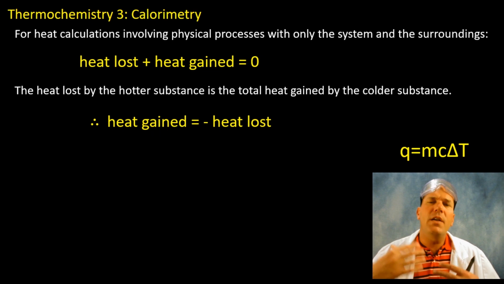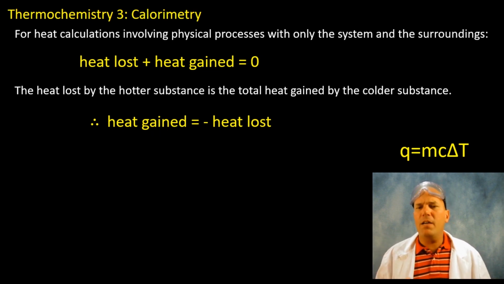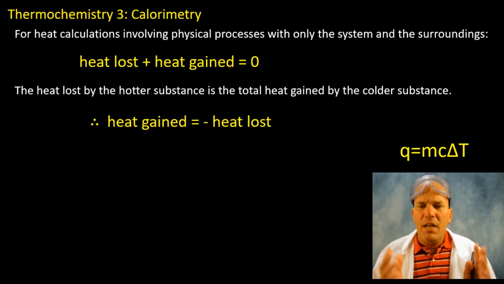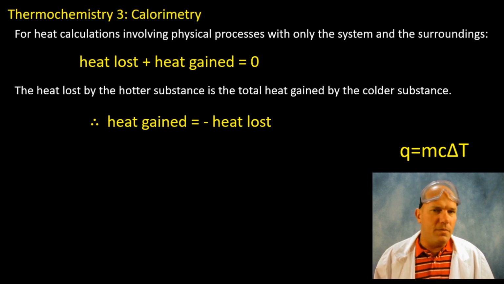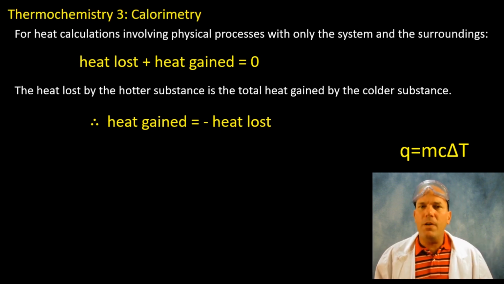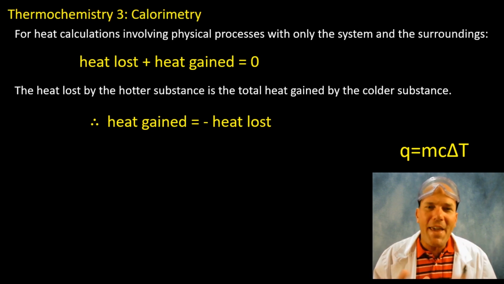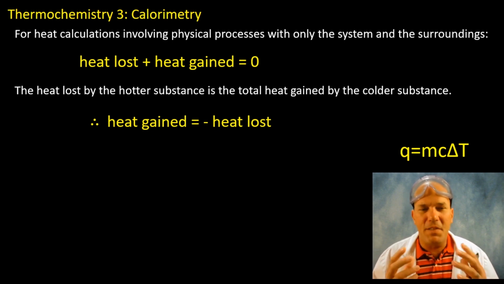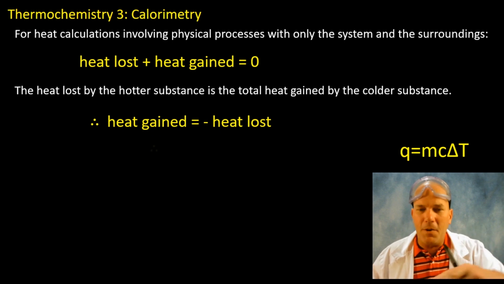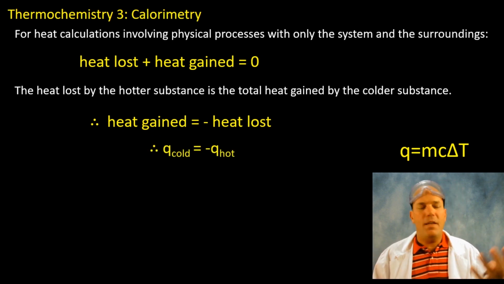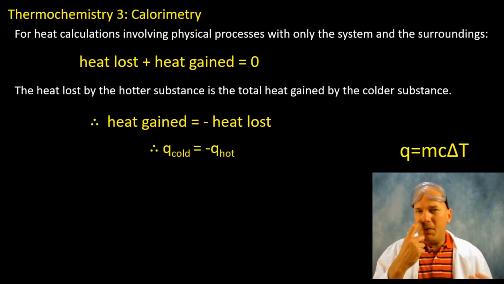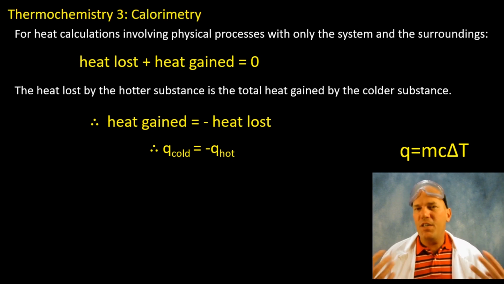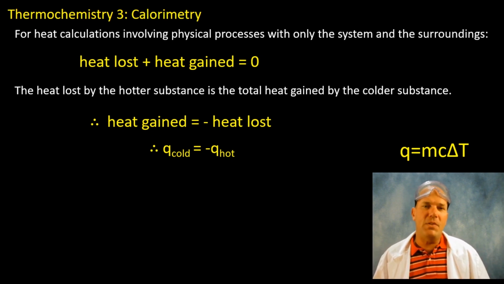And so here in a little bit, I'm going to tell you that we're not going to worry about the sign, that we're going to look at the absolute value. But before we go there, I want to show you why I'm going to tell you we're going to only consider absolute values in these computations. So the Q of the cold substance is equal to the negative Q of the hot substance.